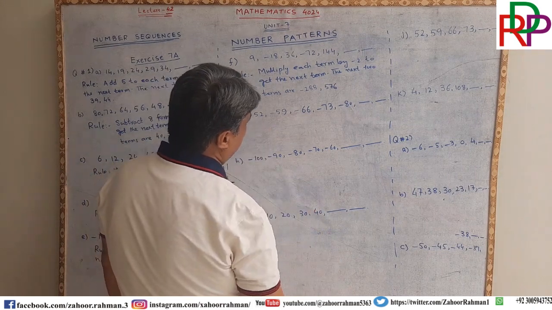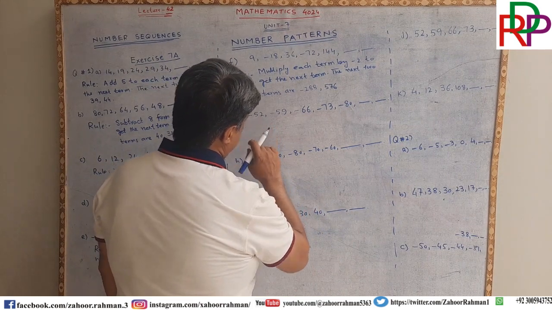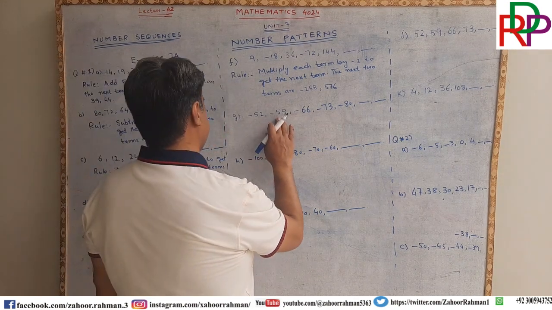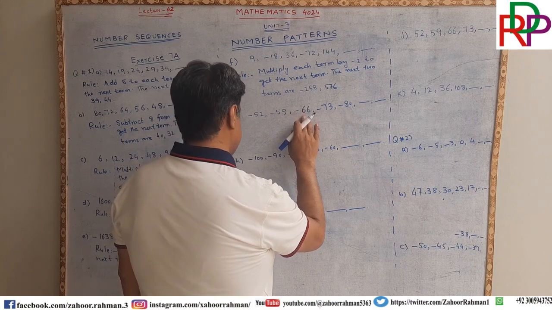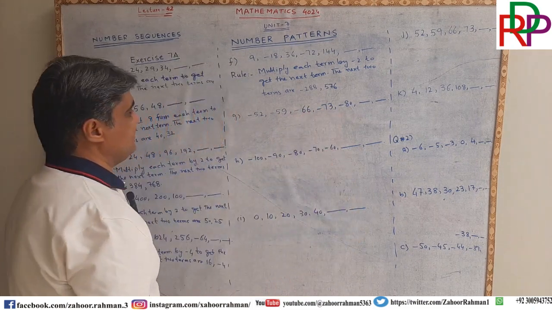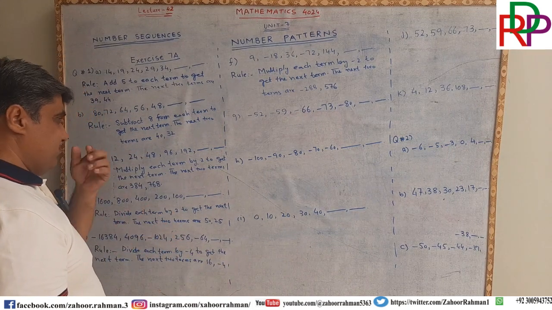Now, minus 52, minus 59, minus 66 and minus 76. So there is a difference of minus 7.